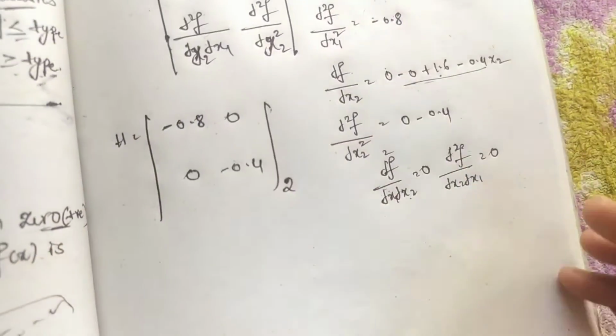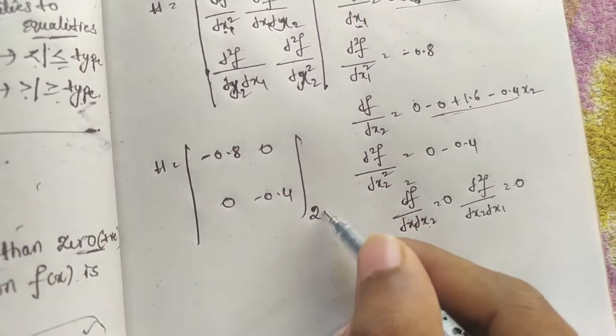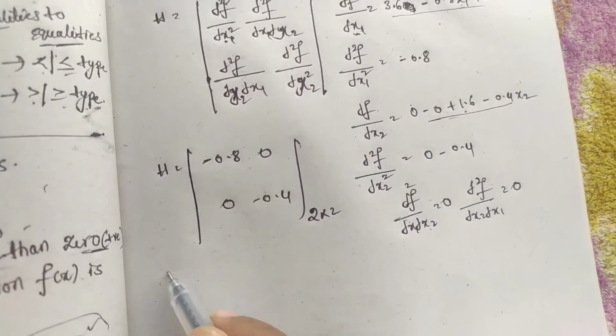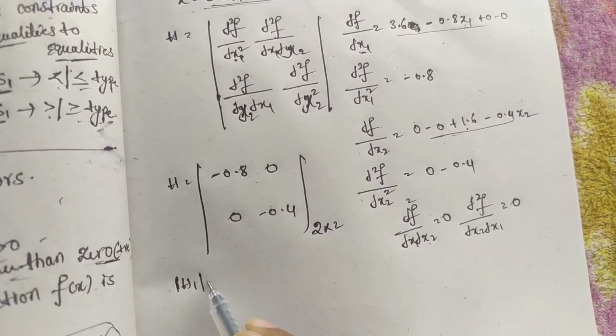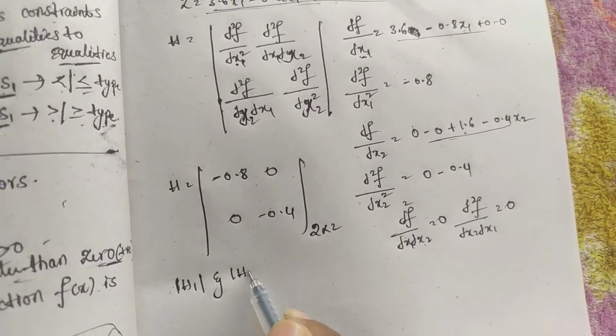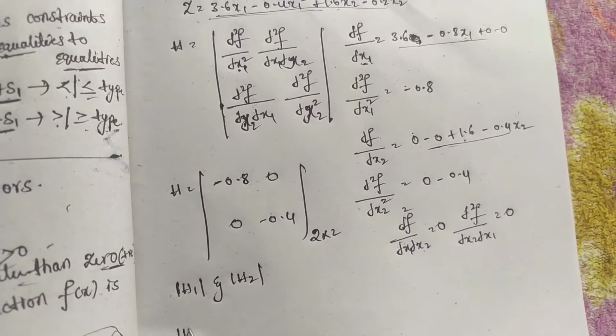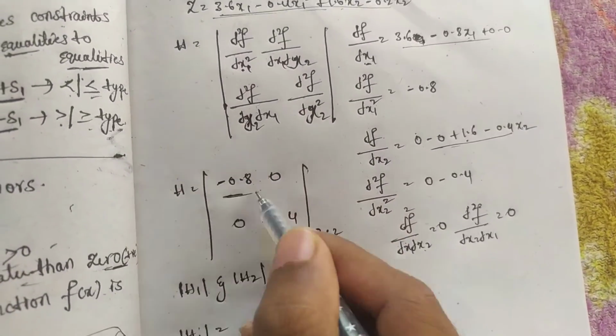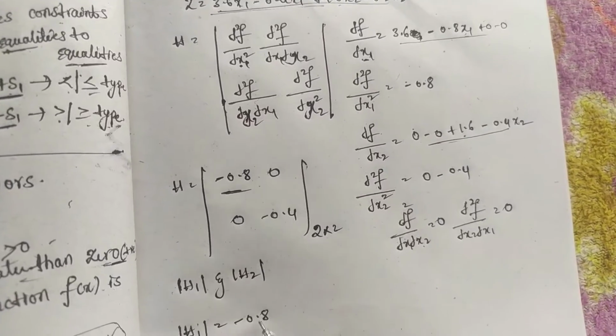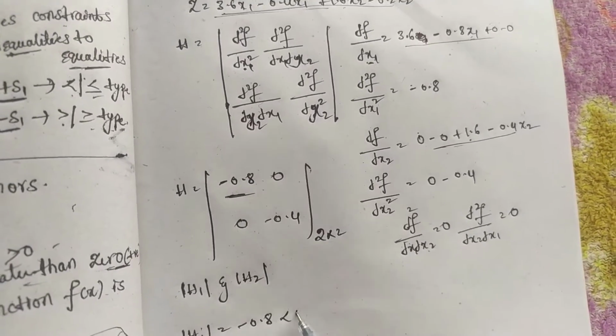It is a 2 by 2 matrix, so we get principal minors mod h1 and mod h2. Mod h1 means the first element, that is minus 0.8, which is less than 0.